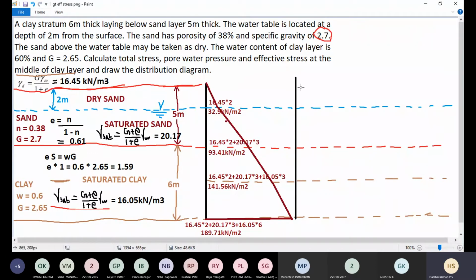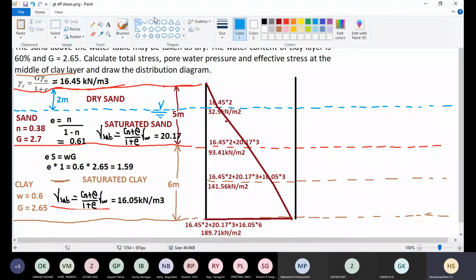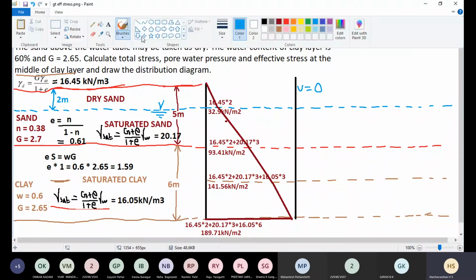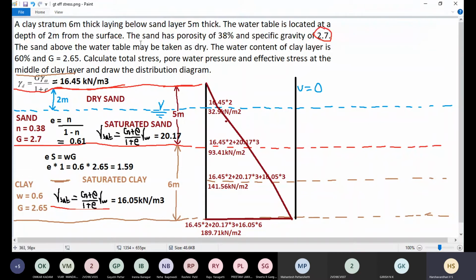And we know above the water table, pore pressure is equal to 0. So we'll start the diagram from the top of the water table, where pore pressure will be equal to 0.